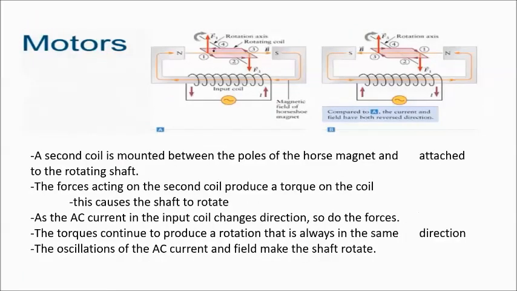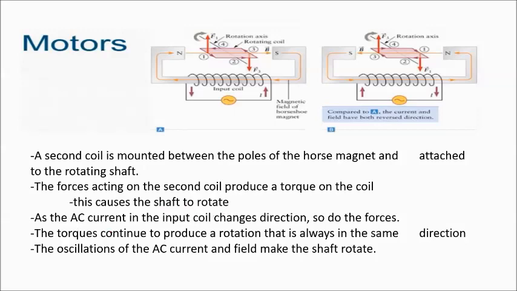So moving the coil in the presence of a magnetic field, ang concept ng motor. So a second coil is mounted between the poles of a horseshoe magnet and attached to the rotating shaft. The forces acting on the second coil produce a torque on the coil, and this causes the shaft to rotate.